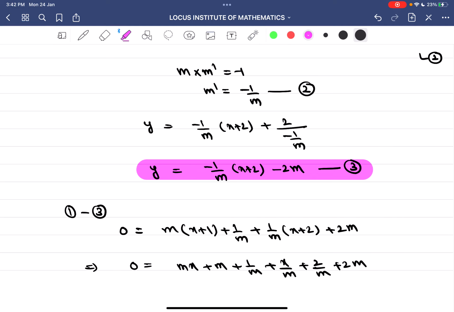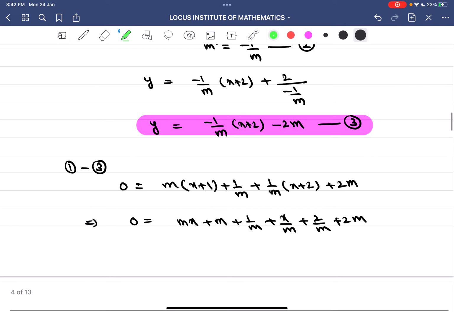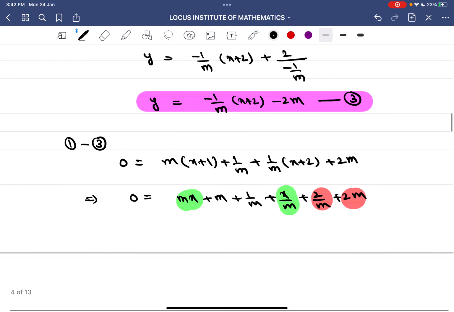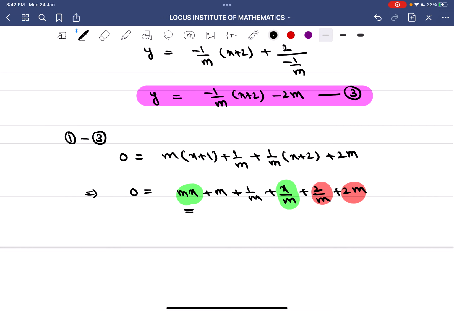Now what you do is you club these two terms and these two terms, and you take out x common from these two terms and 2 common from these two terms.